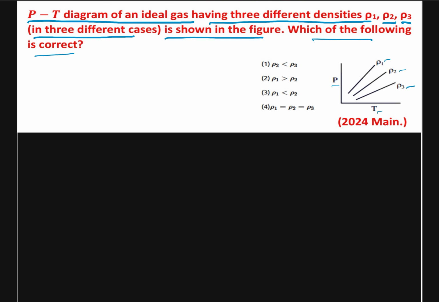So for that, because the density is given, we are going to use the ideal gas equation, and from that we are going to come to the mass of the different bodies or gases whichever is present there.